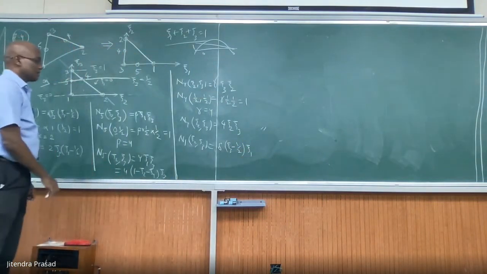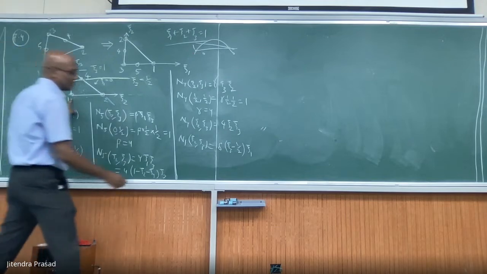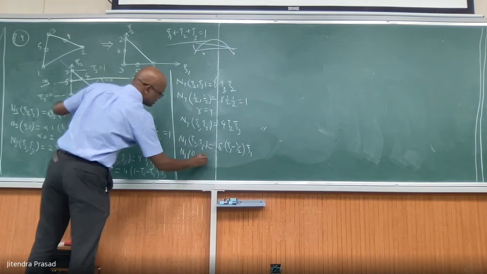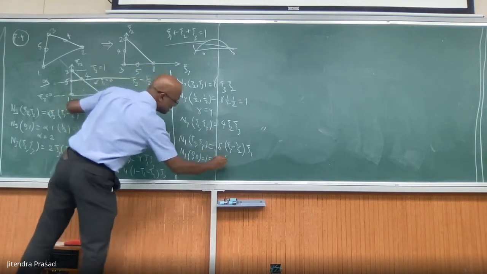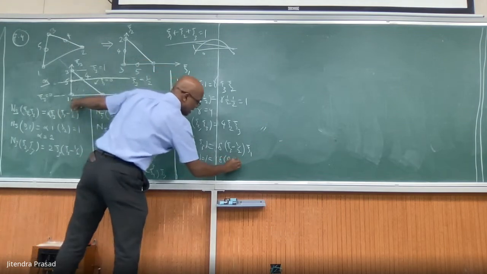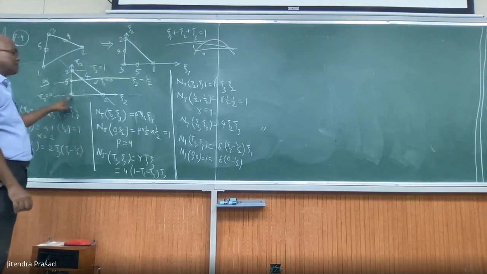Now this point is 1, 0, 0. So N1 at 0, 0 is equal to 1, which is delta times (0 minus half) times xi1. What is the value of xi1 here?